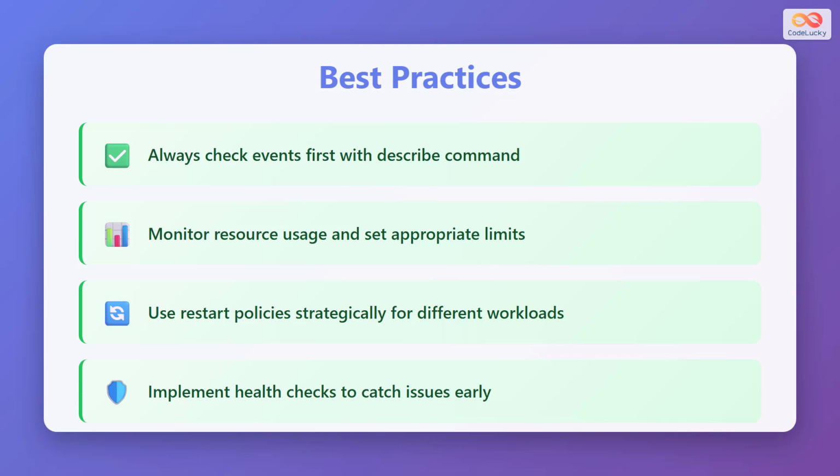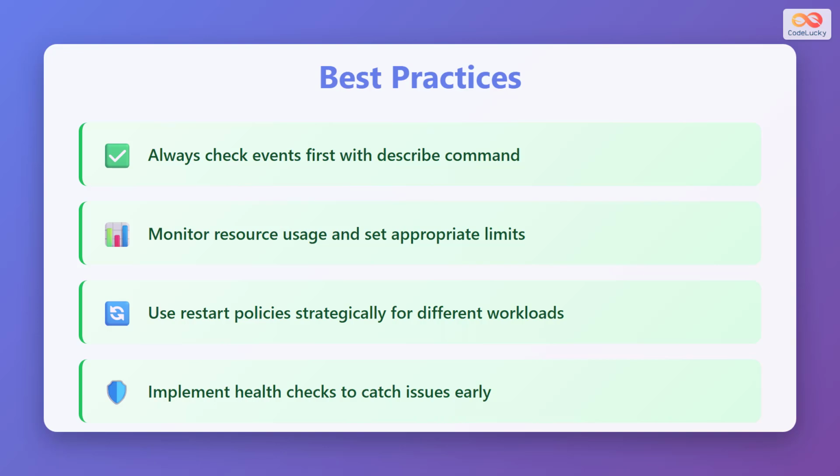Let's wrap up with some best practices for effective pod debugging. Always start by checking events using the describe command, as they often contain the exact error message you need. Proactively monitor resource usage and set appropriate requests and limits to prevent resource starvation and OOMKilled situations.